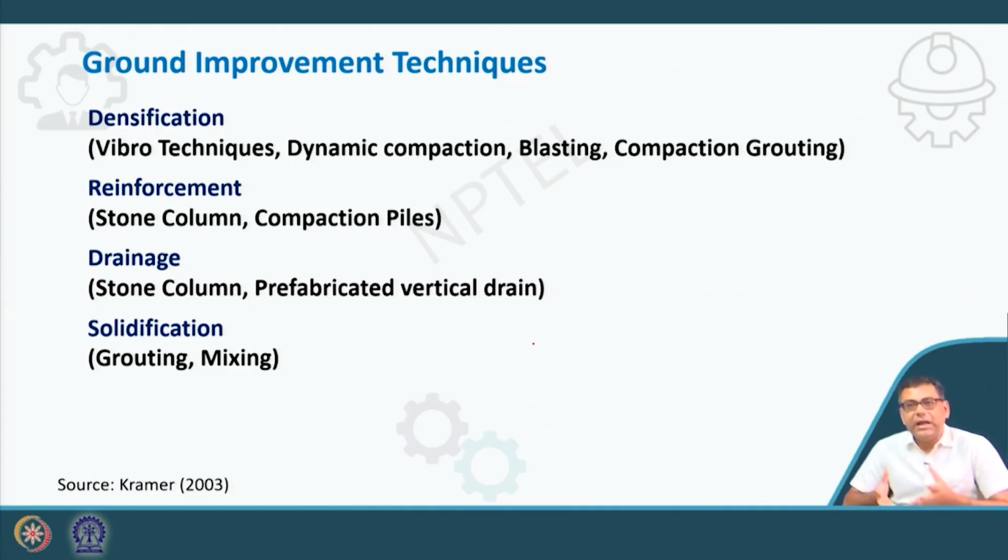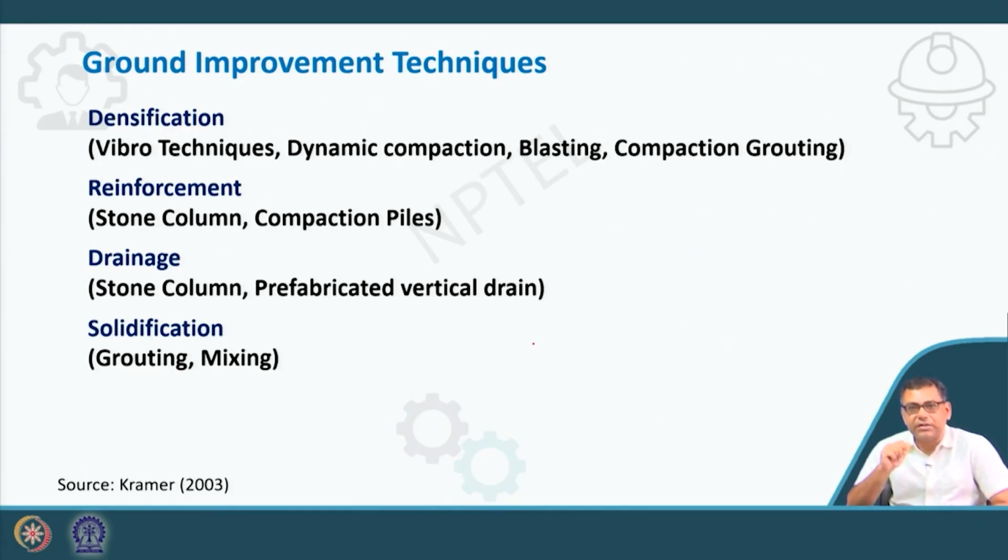Densification means we will densify the soil so that we can reduce the amount of voids within the soil, and reduce the settlement. The second one is reinforcement, that means we will provide some reinforcement or stiffer material within the soil, so the overall stiffness of the soil will increase and the performance of the ground will be improved under seismic condition.